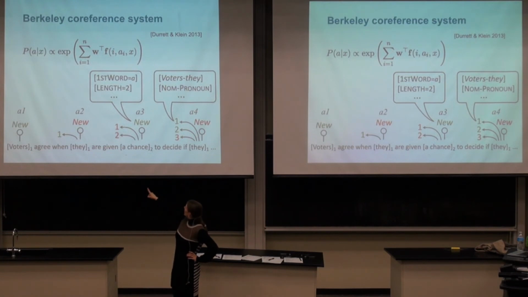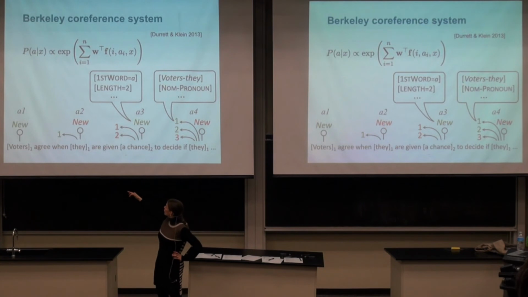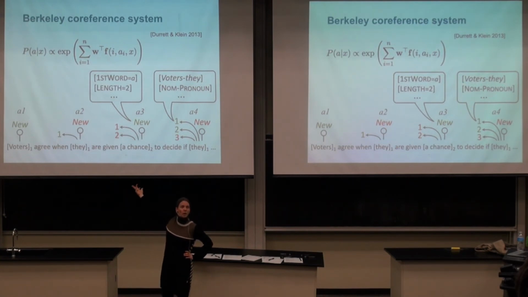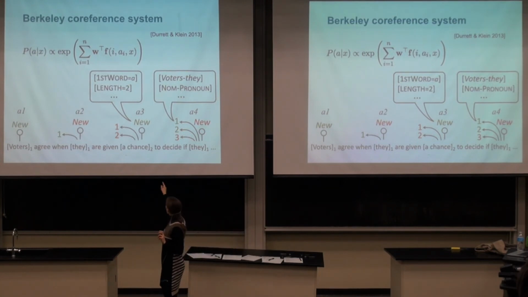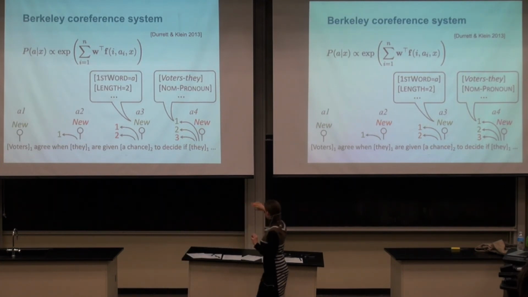For every NP in the document, for the first one, of course, the only possibility is starting a new cluster, but then you can either refer to a cluster before you, or start a new cluster. Each one, right? A chance here can either refer back to one, to the second, or start its own cluster, etc.